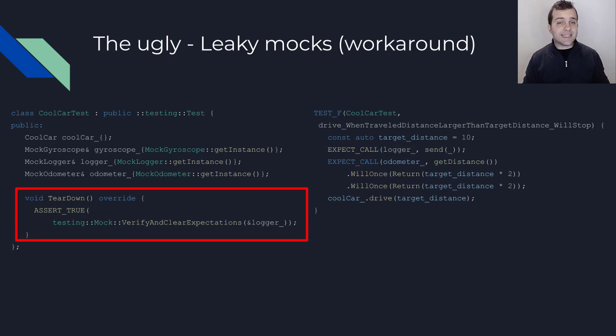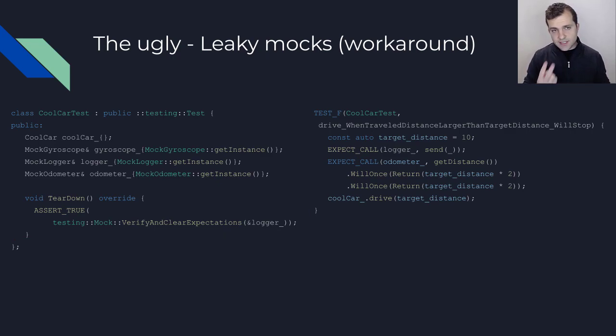This way, expectations set in one test case will not be leaked to the following ones. The second is about being very explicit and specifying expectations for all the calls to the mock. Needless to say, this can clutter your test cases and further decrease their readability.